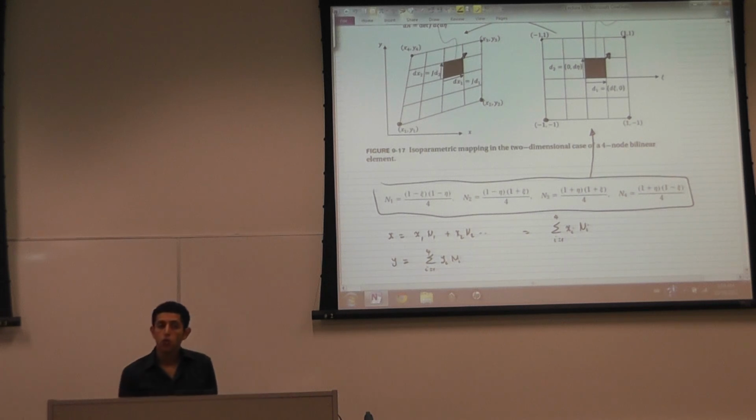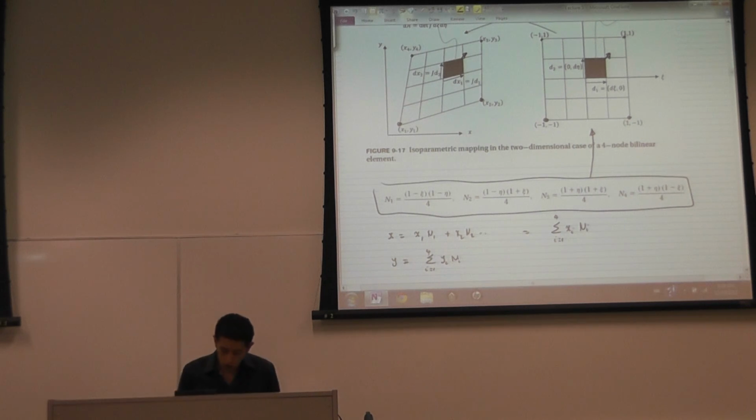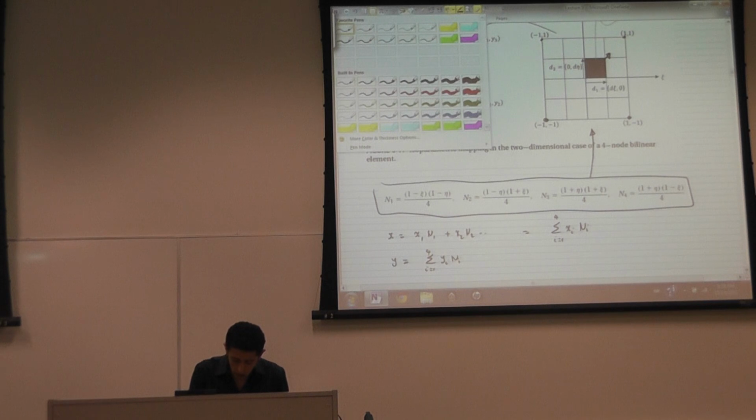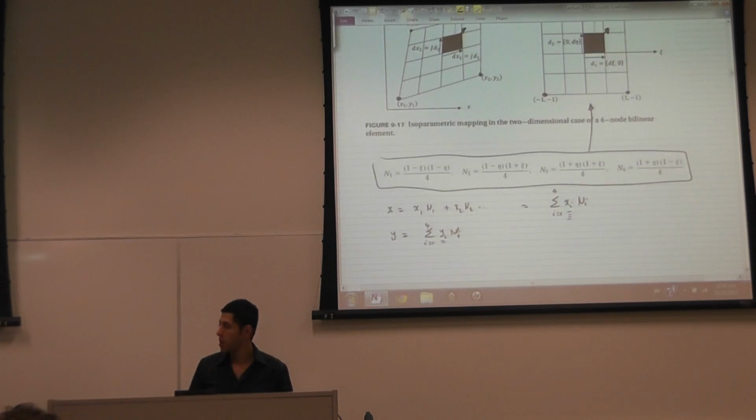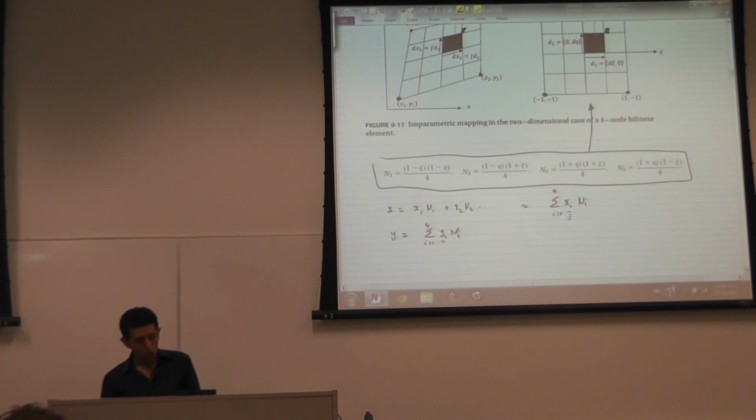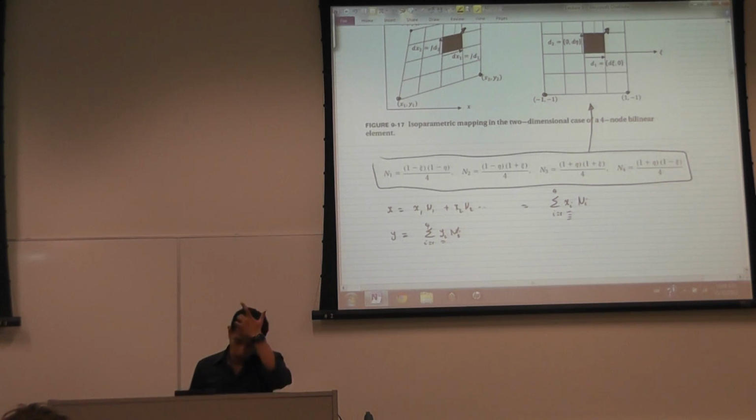And so the rest will be a function of those 4 numbers. Which 4 numbers? x1, x2, x3, x4, the coordinates of the element in the real world, and y1, y2, y3, and y4, the coordinates of the element in the real world. The rest can then be input into a program that's a function of only those xi's and yi's, to find your stiffness matrix.